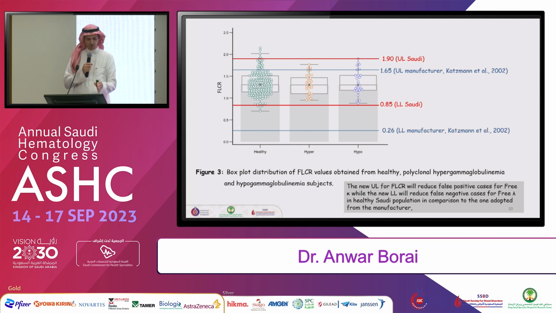We have normal or healthy subjects, and we recruited hypergammaglobulinemia subjects and hypogammaglobulinemia subjects, but without monoclonal gammopathies. You can see the outliers at the top of the figure, and how those outliers are clear when using the manufacturer reference intervals.